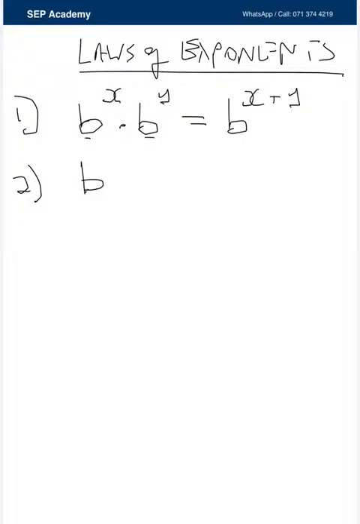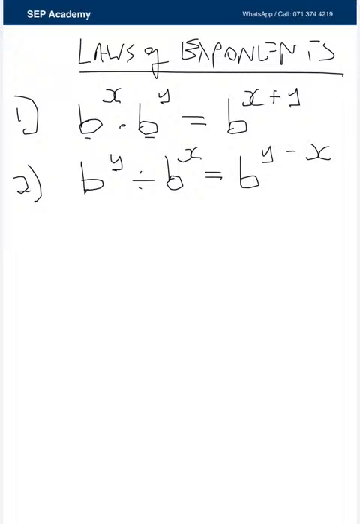When you have that letter b to the exponent of y, being divided by that same base b to the exponent of x, the law says in this case you have that base to the exponent of y, this time around you minus that x. It's different from that one where you add their exponents, because in that case you are multiplying the same bases.